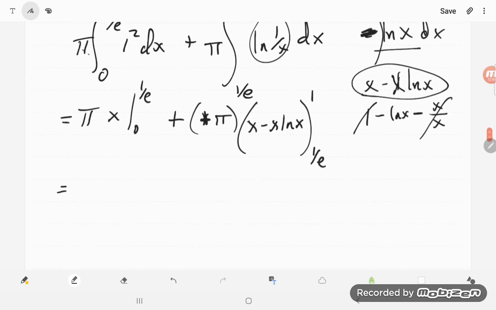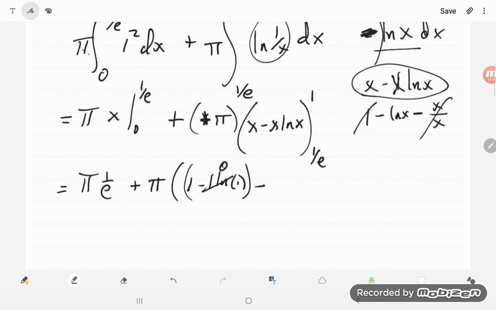So placing everything in there, I get pi times 1 over e, or pi over e, plus pi times 1 minus 1 times log of 1. Okay, well, that part is 0.